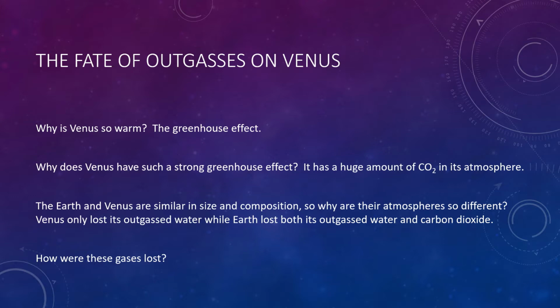Well, we expect that huge amounts of water vapor and carbon dioxide should have been outgassed into the atmospheres of both planets. Venus's atmosphere does indeed have an enormous amount of carbon dioxide, but it has virtually no water. Earth's atmosphere has very little of either gas. So we conclude that Venus must have somehow lost its outgassed water, while Earth lost both water vapor and carbon dioxide. But how are these gases lost?